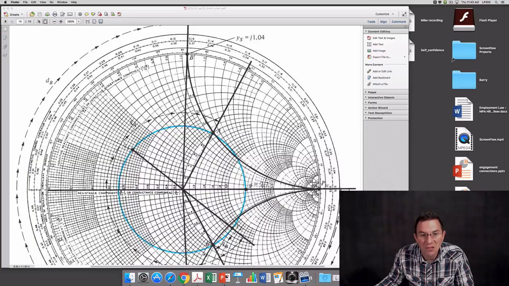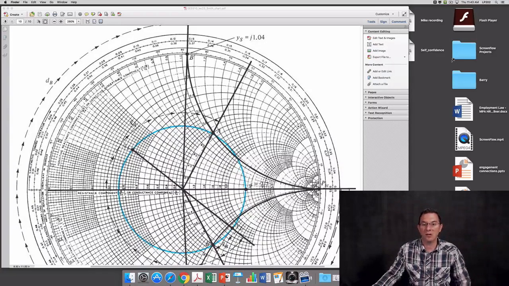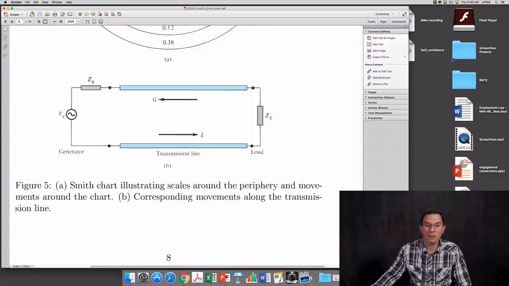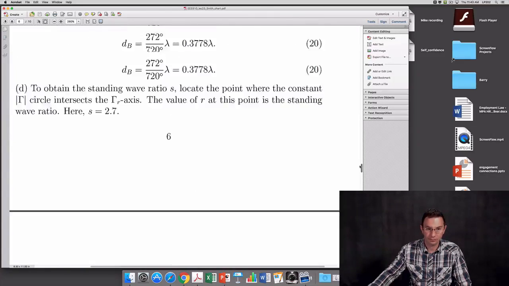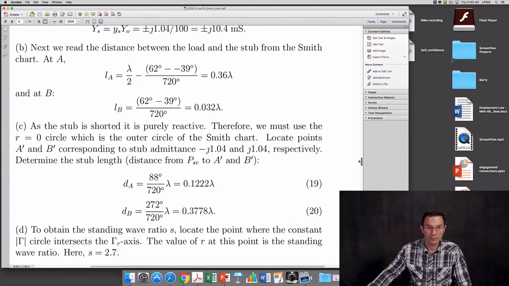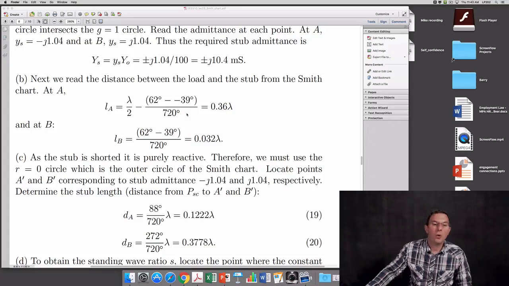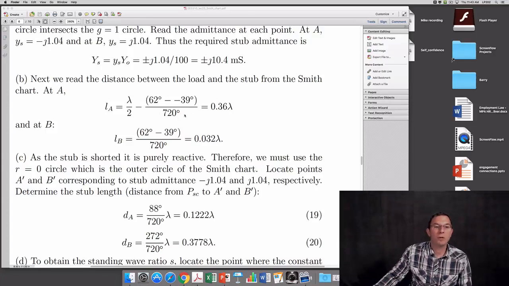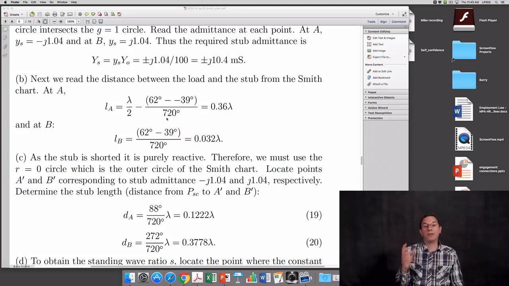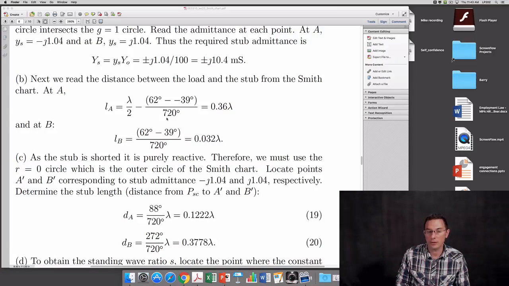Yes, call it 62 degrees. That's where this number comes from. So the total electrical distance we've moved here is 62 minus 39 divided by 720 degrees. We divide by 720 degrees because that corresponds to one wavelength. We're trying to figure these distances out in wavelengths.